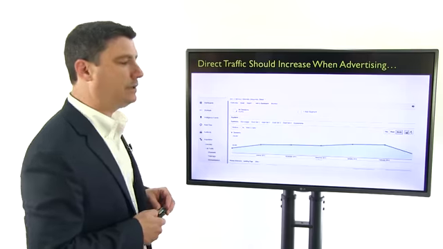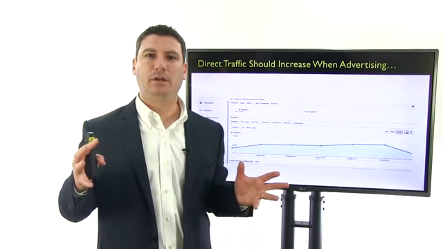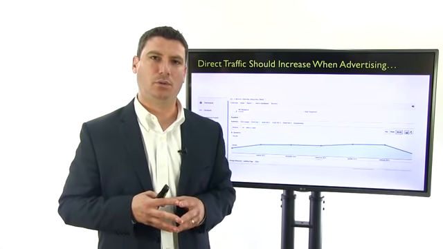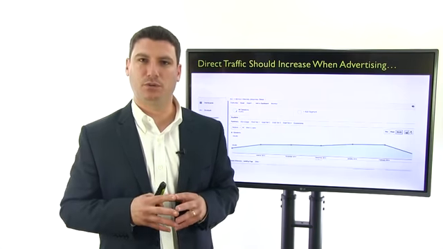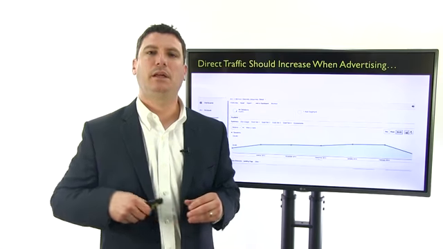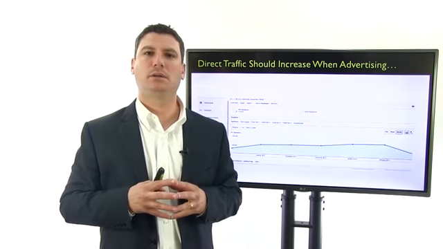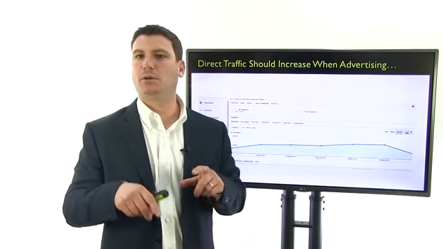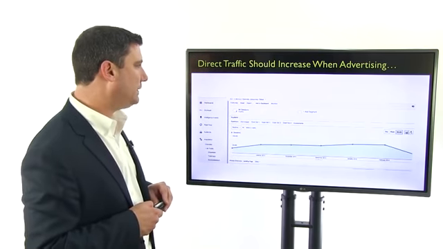And this makes sense. When you are advertising or doing awareness campaigns and your top of funnel is working correctly, you will see an increase in the amount of people that come direct to your site. You're going to see people that come from your branding campaign and say, oh yeah, Digital Marketer does this, I'm going to go to that site. They didn't come from anywhere, they just came direct to your site.